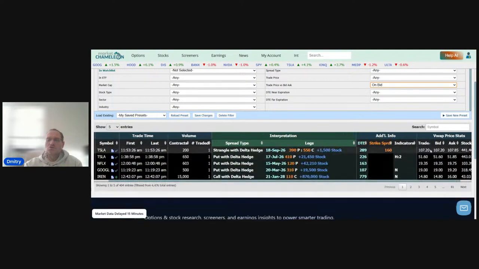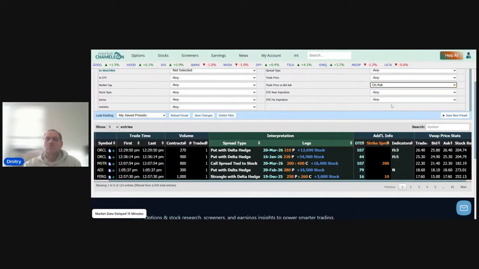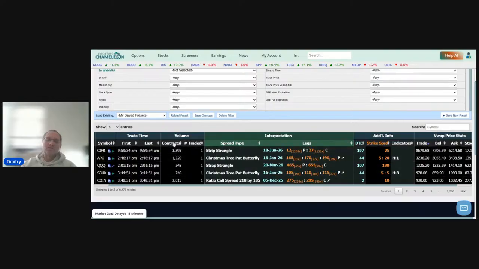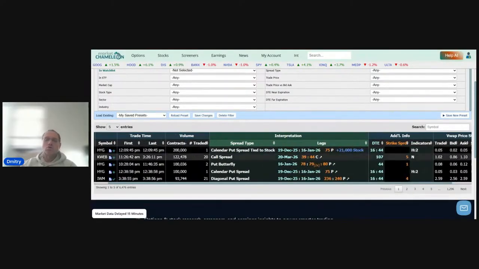see how you could sort them. Right. So you can see here, like these are the ones that are happening on the bid, or on the ask, like that, or any. Okay. So yeah, you can filter them that way, sort them that way, if that's what you're looking for, or close to the bid.